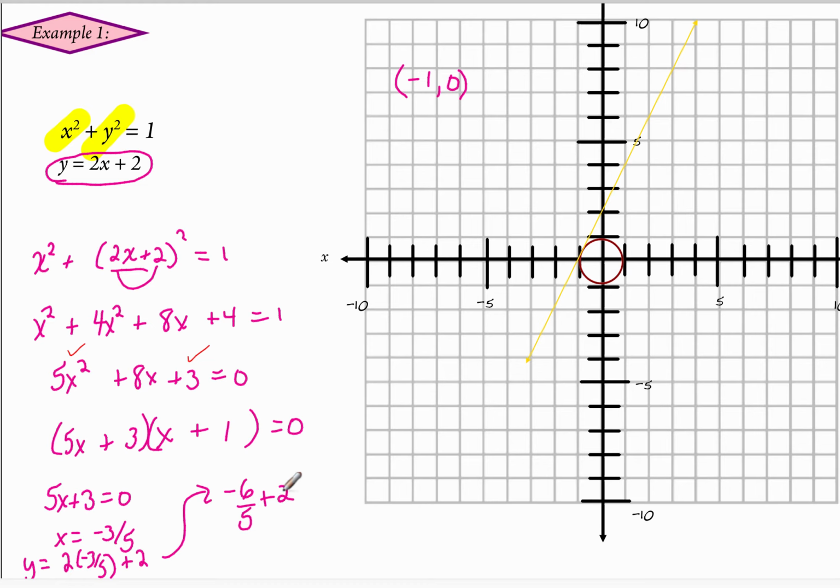Well, I have to have a common denominator, so 2 as a common denominator is 10 over 5. So they're telling me the other point is negative 3/5 and then 4/5. So that looks like negative 1, 0 is an answer right there. And then if I go over negative 3/5 and up 4/5, that's another one.